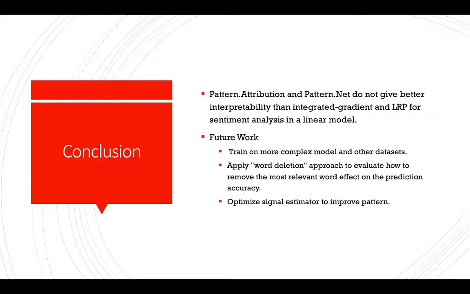But we would like to do more research on the details, since there are many reasons that can change the conclusion. First, it's possible that if we use another dataset, it gives different results.